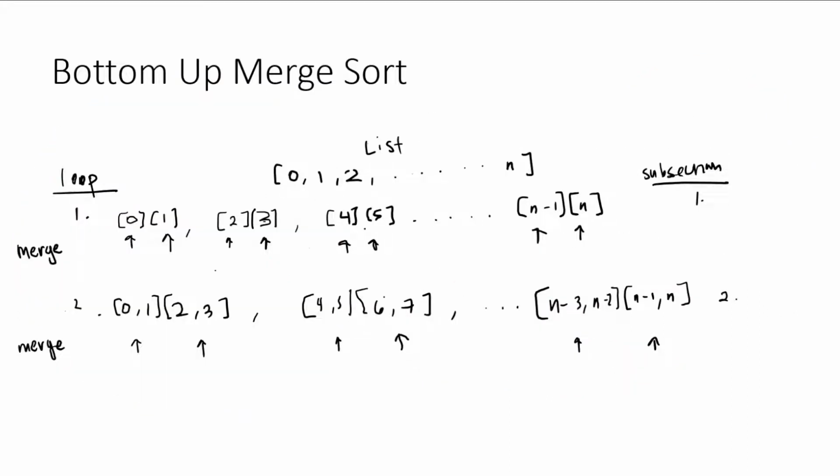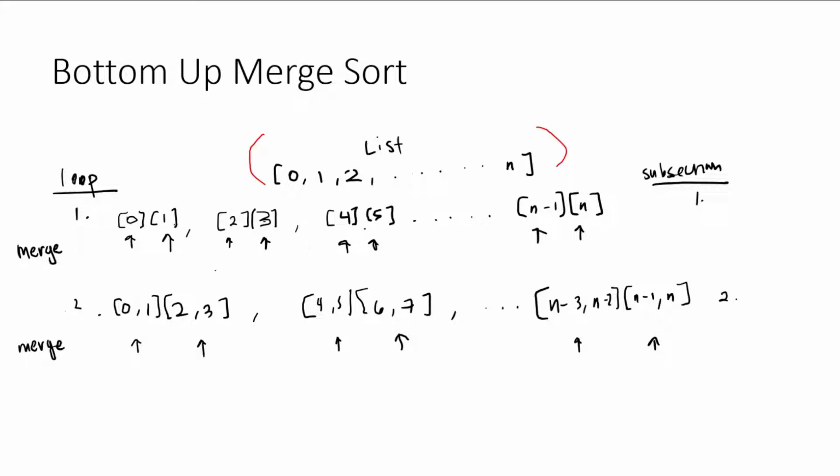Looking at the bottom-up approach, then, in this visual diagram, we're looking at this list. And the list is just, these aren't numbers, it's just the indexes of the list. The first loop, just to repeat, the bottom-up approach of merge sort performs merge sort iteratively, so we're going to continuously loop through this list.